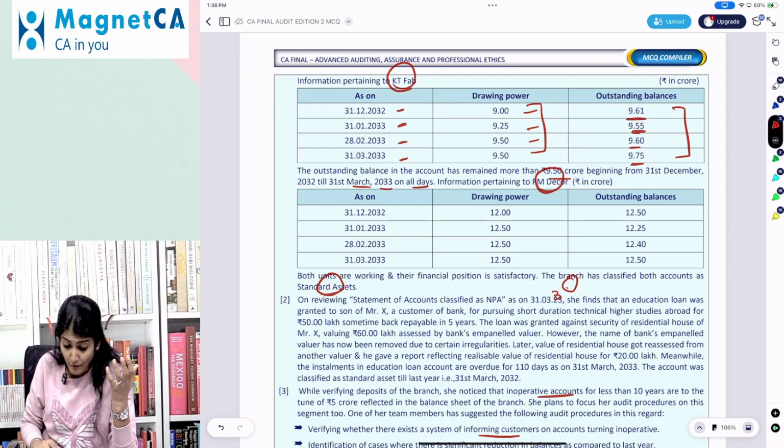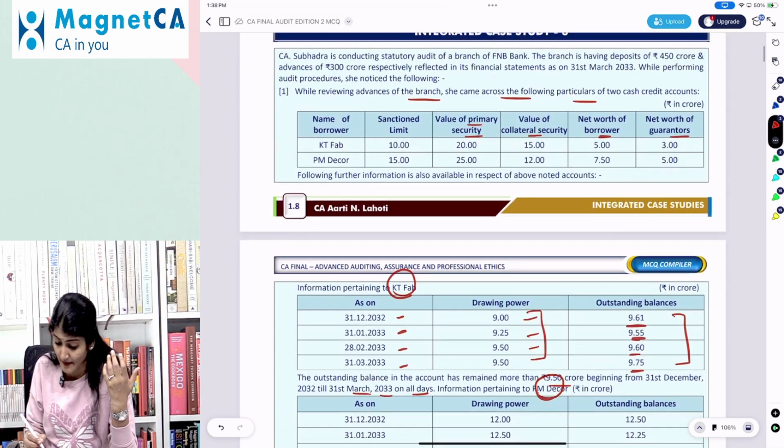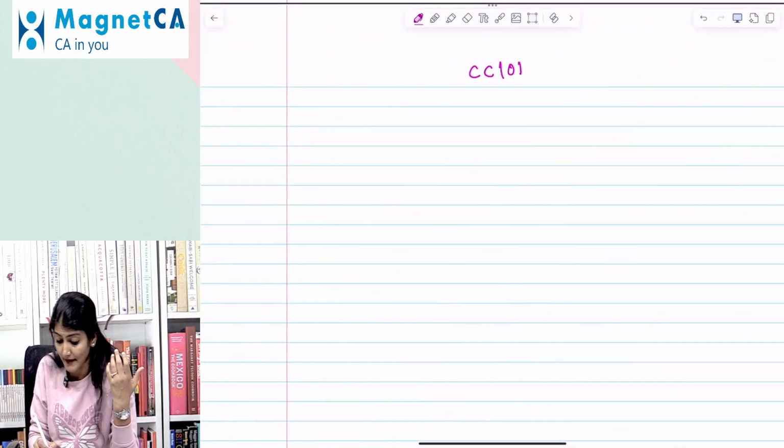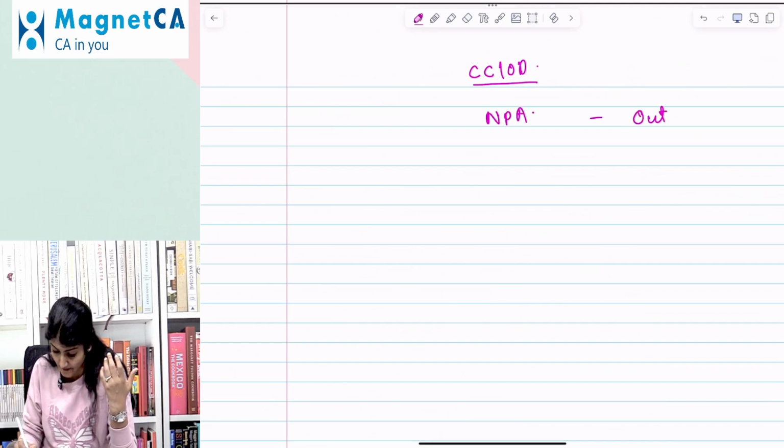Now for CC overdraft, this is the cash credit account. When does it become an NPA? When it gets an out of order status. When does it get an out of order status?